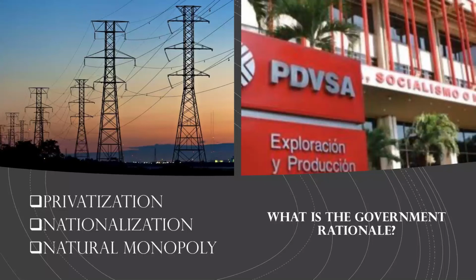And nationalization can be justified when the private entity is either violating the law or not providing the benefit or the service in a manner that is in the best interest of the people, right? So there are justifications for nationalization, but these justifications are not always followed, or they're not always real, right?